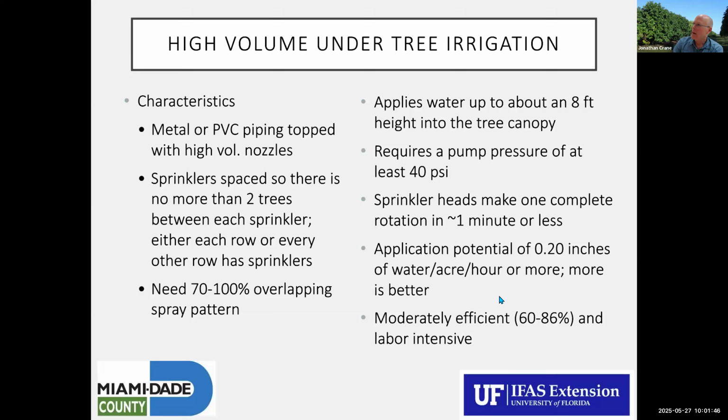It does shoot water up to about 8 feet, which can be advantageous in cold protection. You need pump pressures of 40 psi or more. And they're moderately efficient. They have much less wind distortion because they're closer to the ground and because the trees are breaking up or protecting it from a lot of wind, right?